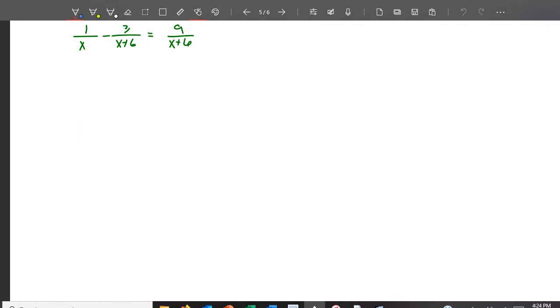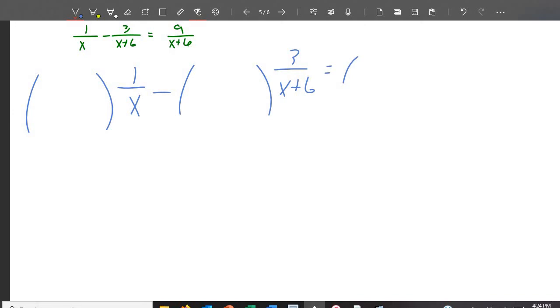Alright, let's do this one. I'm going to put parentheses next to everything. Go ahead and do that while I'm here. It wasn't this small when I wrote it. I don't know what's going on, but whatever. Now, let's pick out the restrictions before I do anything.